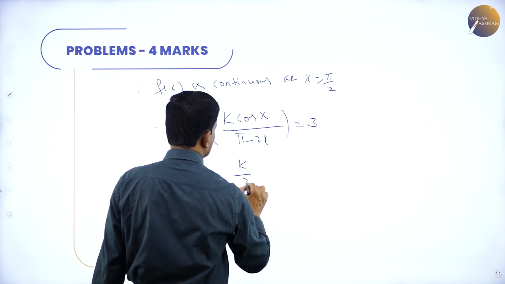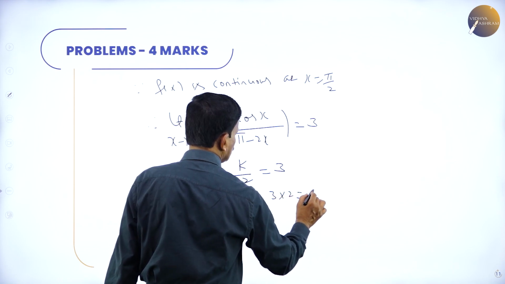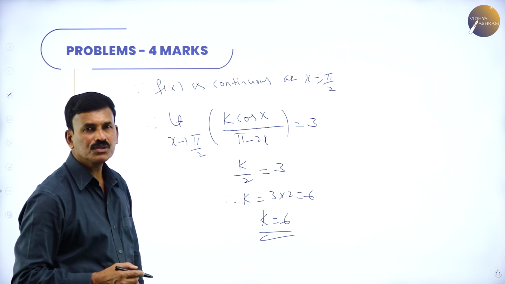So k by 2 is equal to 3. Therefore, k is equal to 3 into 2, which is 6. K is equal to 6. That's it. This is how we are going to solve this problem.